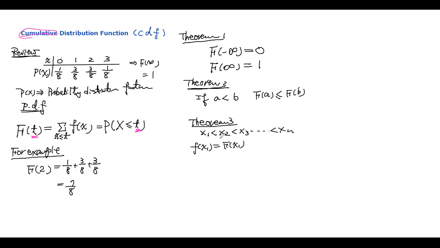Because you just add itself. So how about if I want to find the f of xi? The f of xi here is F of xi minus F of xi minus 1.